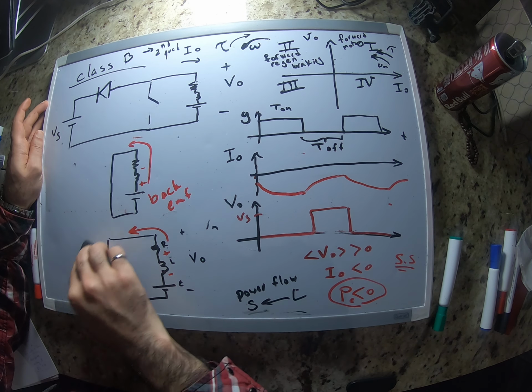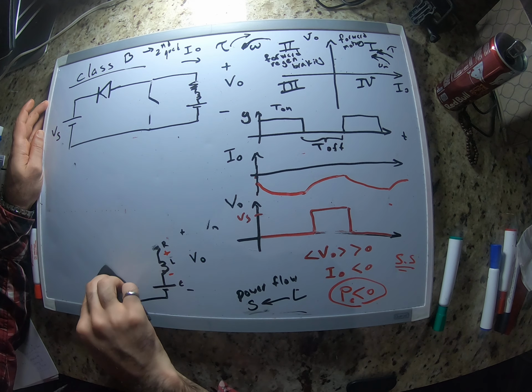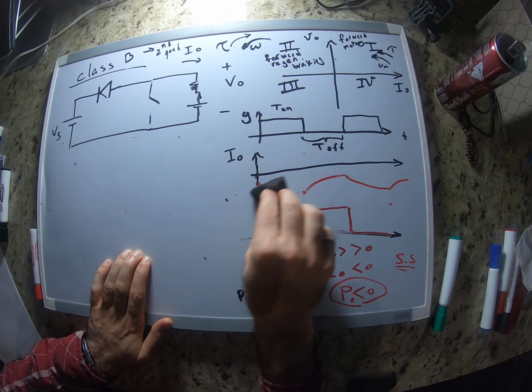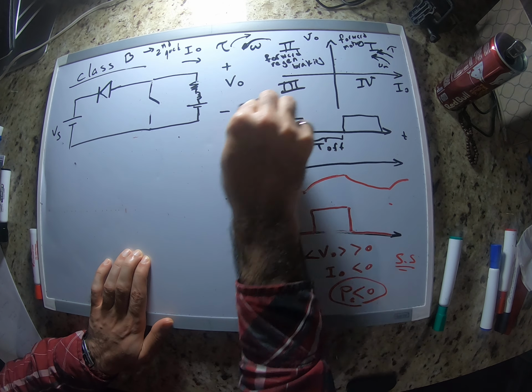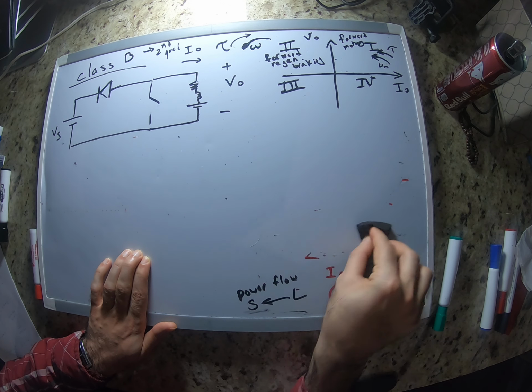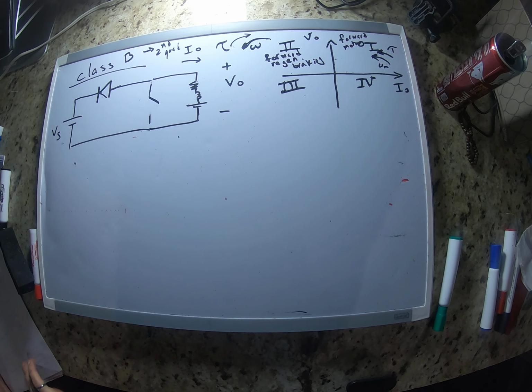Now, the next class that we want to see is class C. Class C chopper is a two-quadrant chopper.